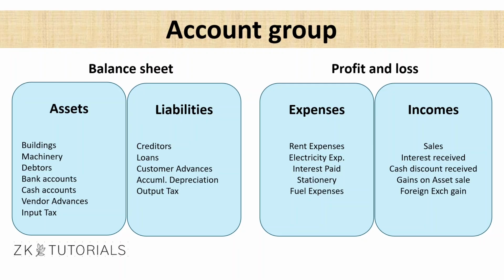And input tax. Input tax is an asset. We will create one GL account for input tax. So whenever we purchase any goods, we will give the amount to the vendor.